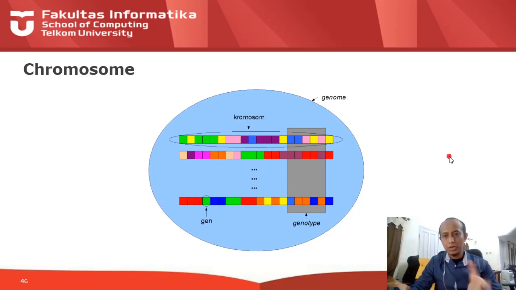Here's how a chromosome can be illustrated visually. Each array here is an individual chromosome. Each box or element is called a gene, and a genotype means a subset of genes.